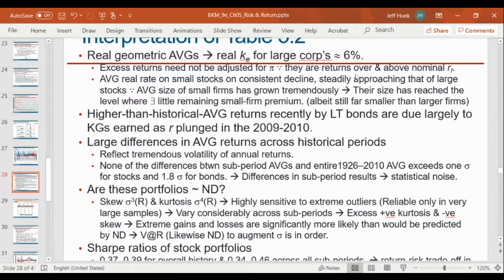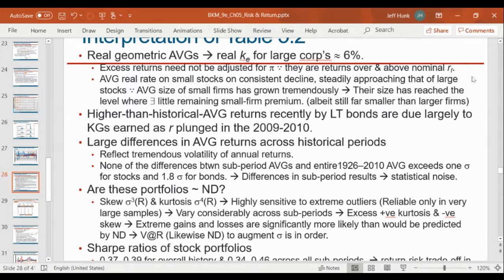As for excess returns, don't we need to adjust it? No, we don't need to. Why? Because they are returns over and above the nominal risk-free rate. So we don't.